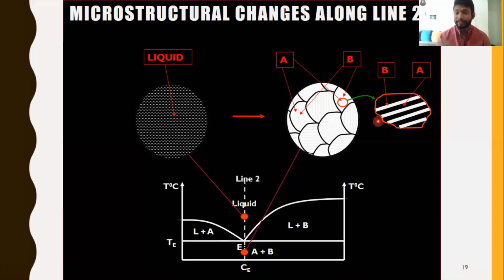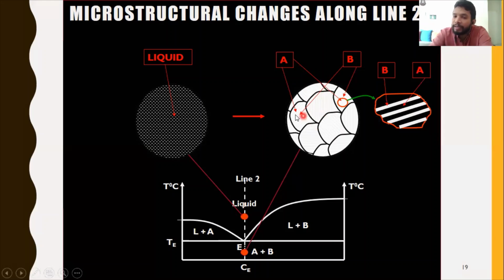Please write it down. This is not mentioned in these particular slides. This sandwich type structure of A and B is called the lamellar structure. Lamellar structure, L-A-M-E-L-L-A-R. It's like a laminate, or a sandwich, we can call it.